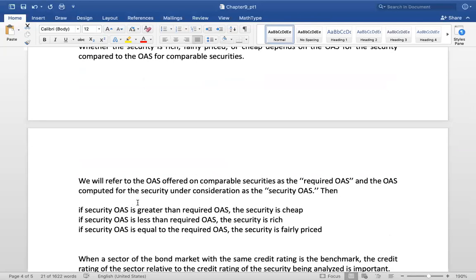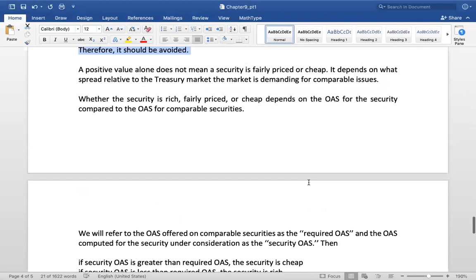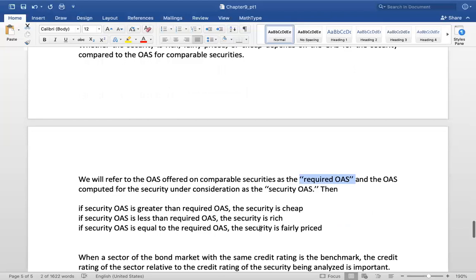We will refer to the OAS offered on comparable securities as the required OAS, right? Whether an option embedded security is cheap or fairly priced should only be considered in relation to comparable securities. So the OAS on a comparable security is referred to as the required OAS, and the OAS computed for the security is referred to as the security OAS.